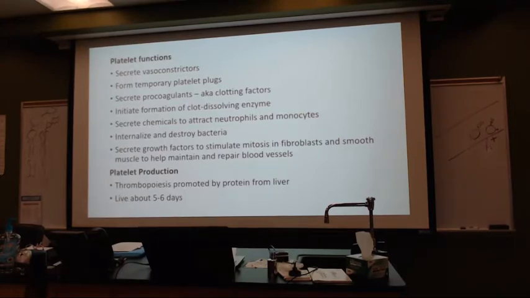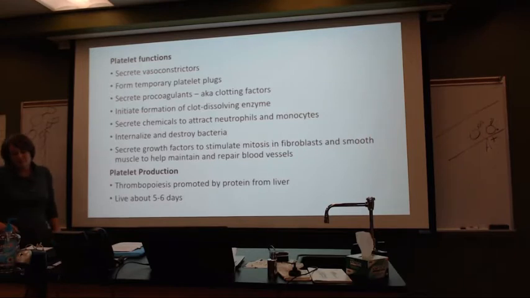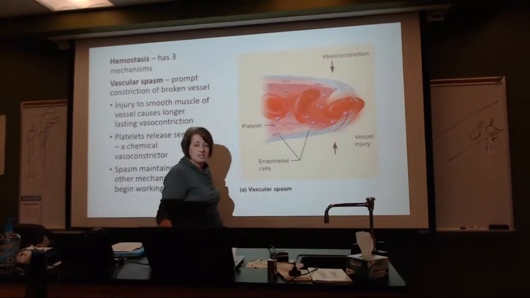And therefore, if it's high, it will promote their production. Does that make sense? Platelets only live a short amount of life because they have a lot to do and they are tiny, okay? So usually once they're called up to do their job in any of this, okay, they tend to be done.